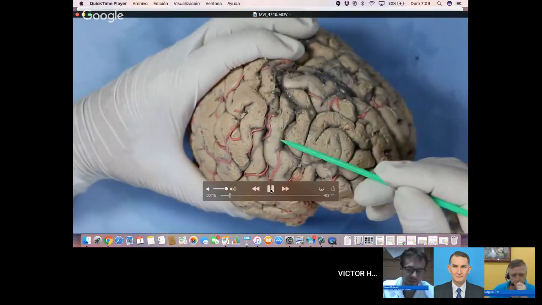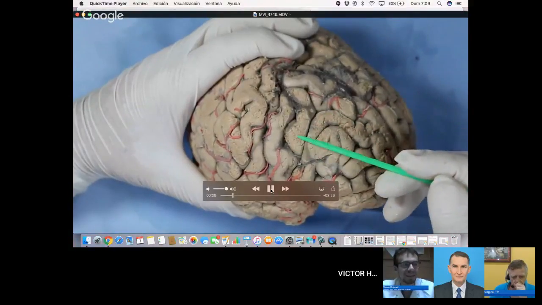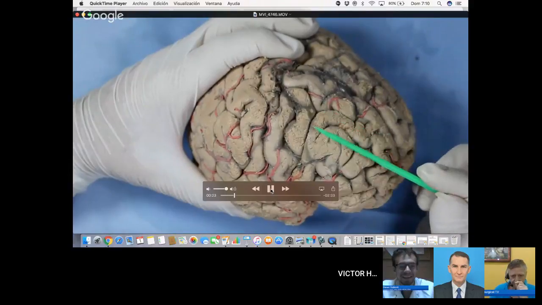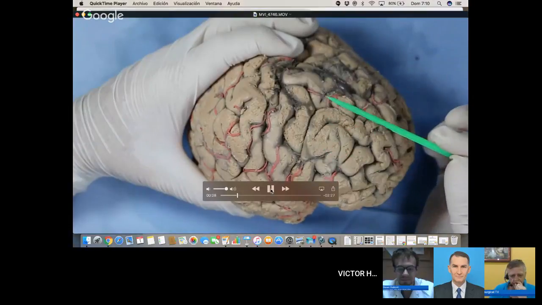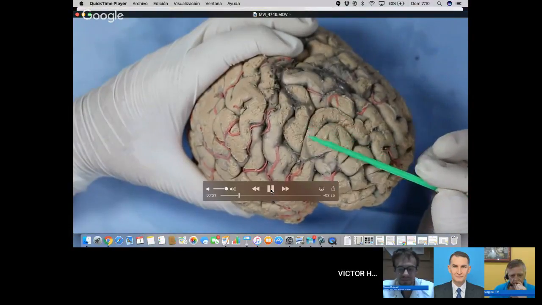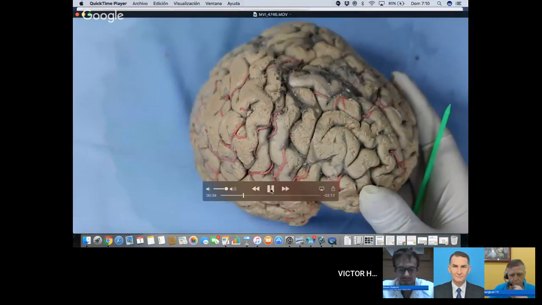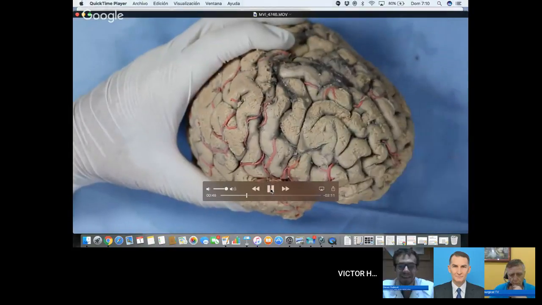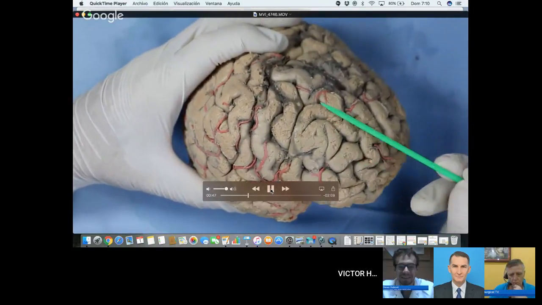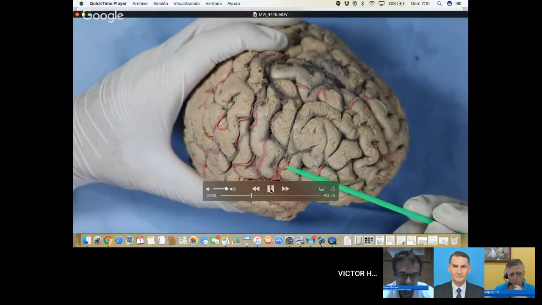This is the precentral sulcus. This sulcus separates the horizontally oriented superior, middle, and inferior frontal gyri.